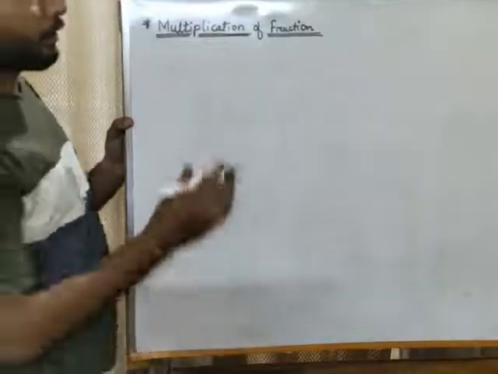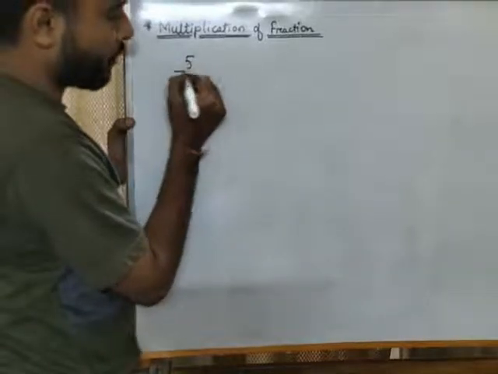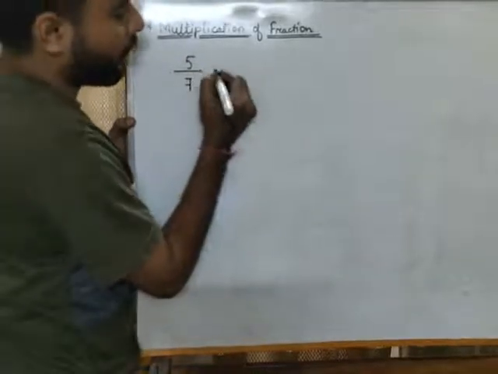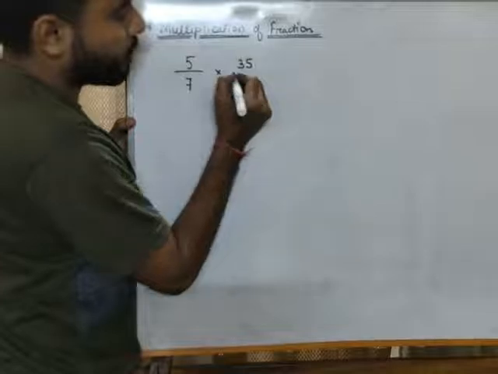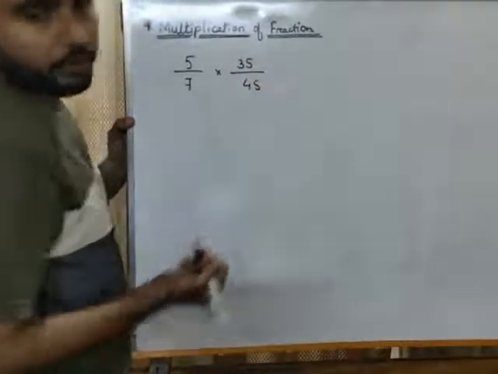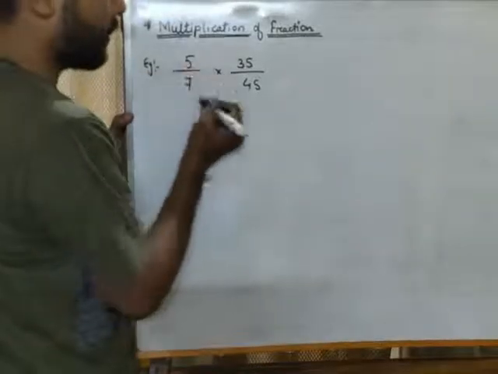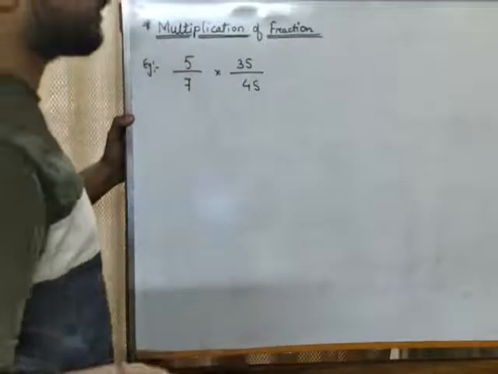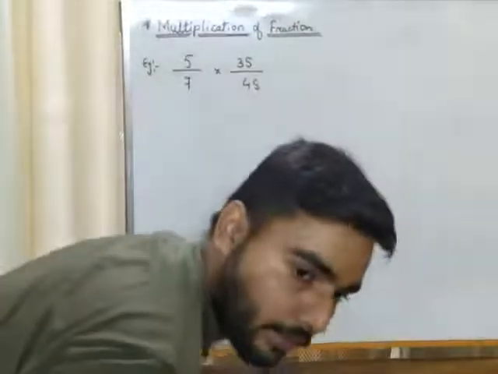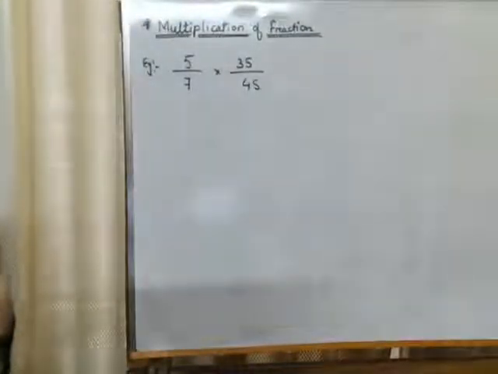So multiplication. Suppose I consider a fraction 5 by 7 and I have multiplied it with 35 by 45. I am multiplying a fraction that is 5 by 7 into another fraction that is 35 by 45.